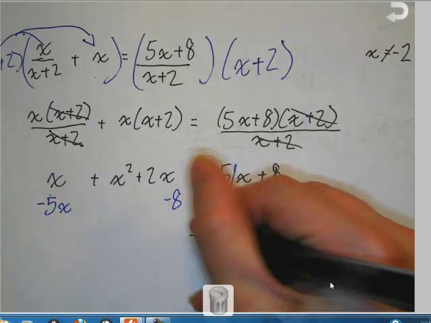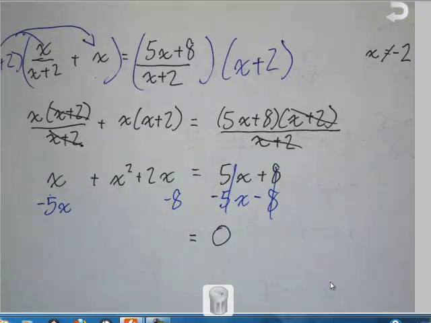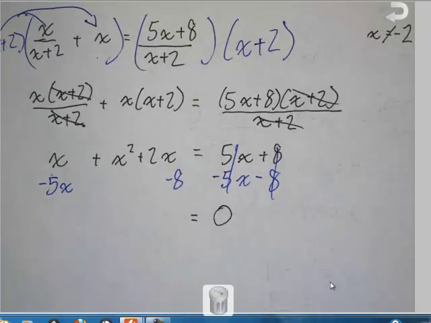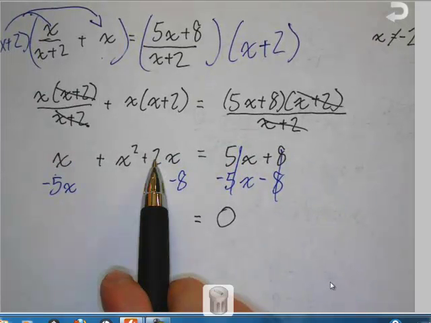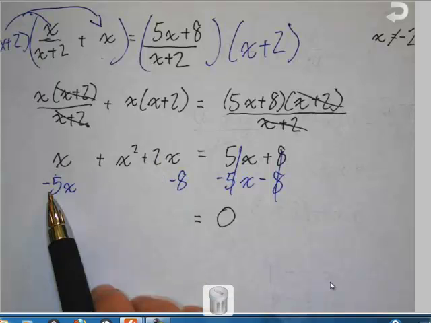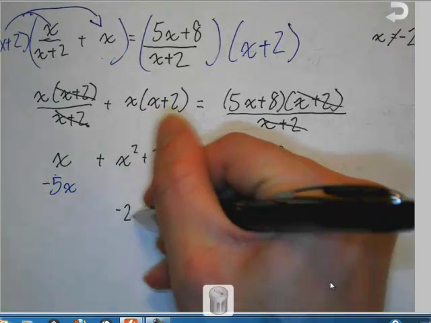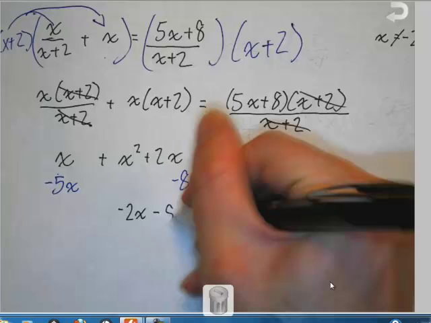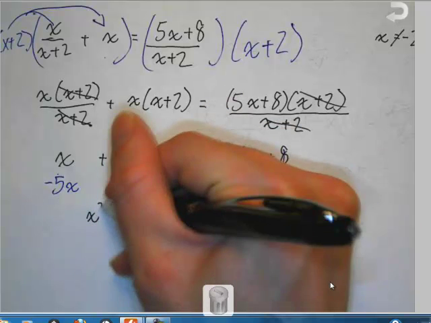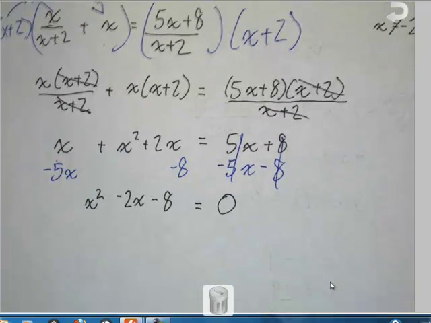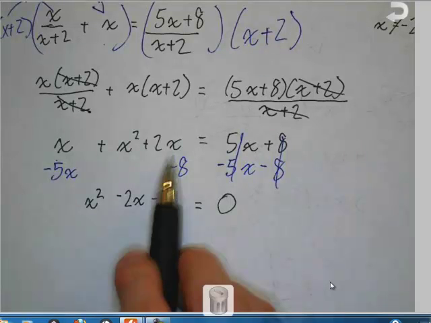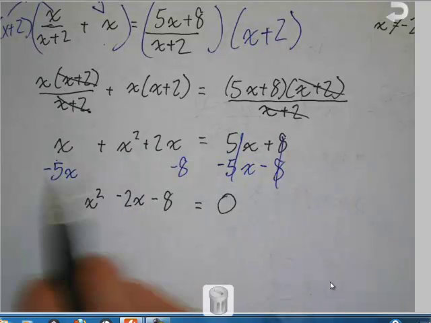You have then 0 on the right. I know I skipped a step, but that's okay. I think you all can handle it. x plus 2x is 3x. 3x minus 5x is negative 2x. Still have the negative 8, and still have the x squared, because this x plus this 2x is 3x, and then you subtract 5x.